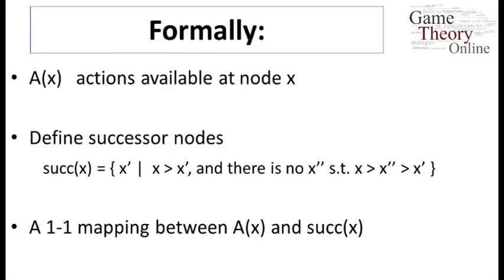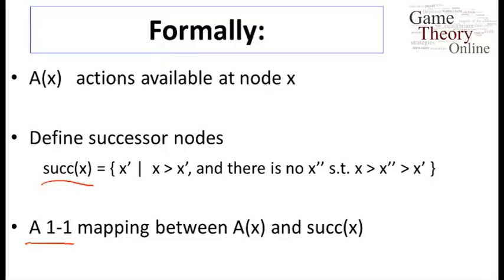So we first define the set of successor nodes to be all the nodes that follow directly from a given node. In other words, nodes that this node precedes, and there's no node intervening between the two. And it better be the case that each action leads to one such successor node, and each successor node is led to by one action.